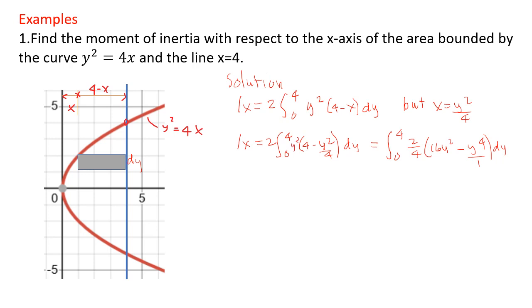So integrating this, it equals 1 over 2 times [16y cubed over 3 minus y to the power 5 over 5], from 0 to 4, or equivalent to 68.27.